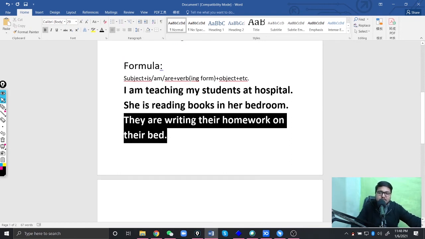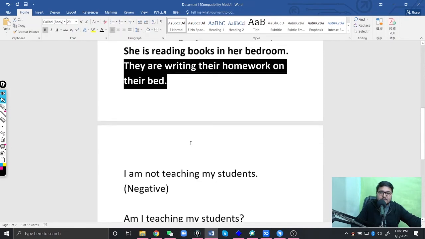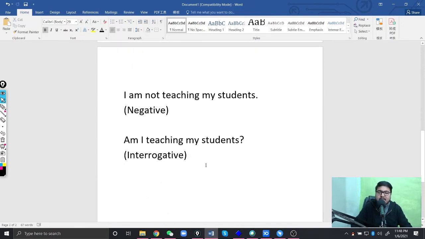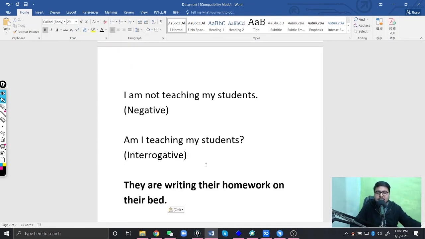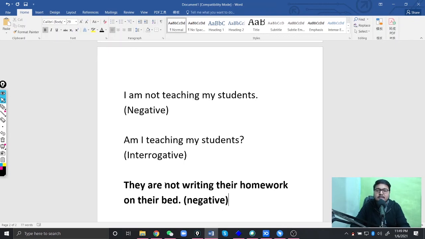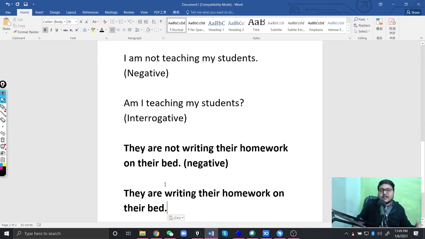Let's try to copy this one and make its negative and interrogative. How to make its negative? Just add not there. They are not writing their homework. This becomes negative. Okay, now let's try to make its interrogative. How to make its interrogative?